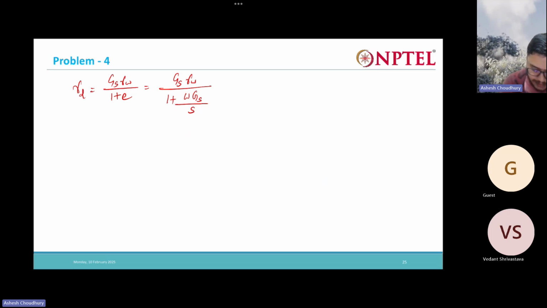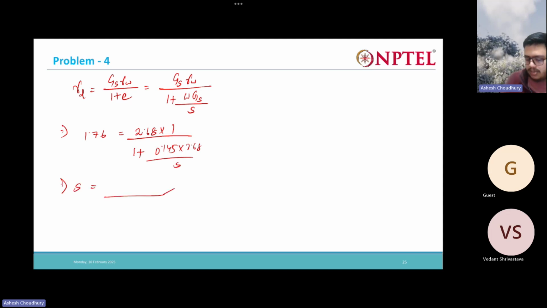Just here in place of gamma d, I have to put my MDD. This is 1.76. Gs I know, 2.68. This is 1 plus optimum moisture content 0.145 into 2.68 by S. From here I can get the degree of saturation. So please calculate this.